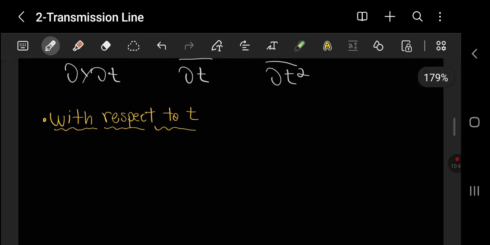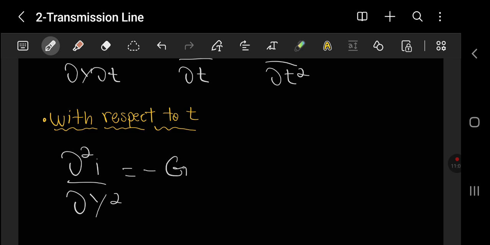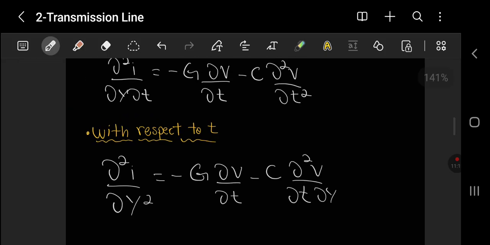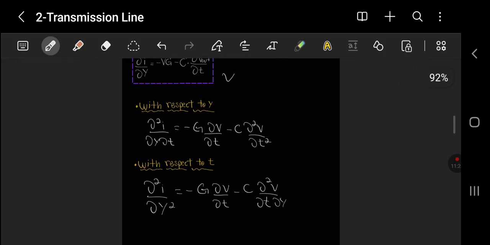Now let's differentiate with respect to t, which will give us the second partial of I with respect to partial y squared, which is equal to minus d times partial v with respect to partial t minus c times the second partial of v with respect to partial t times partial y.